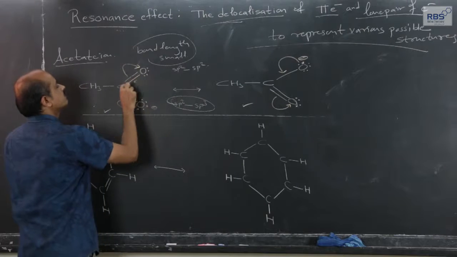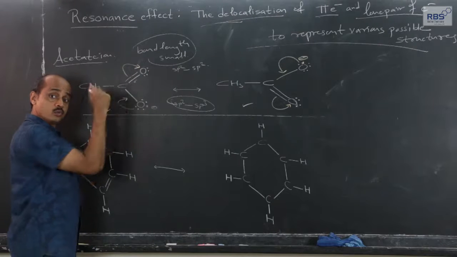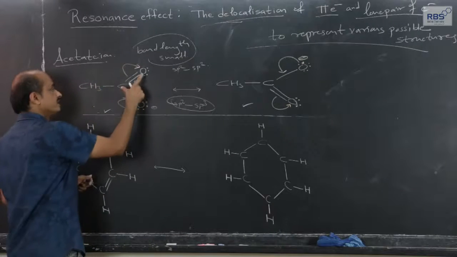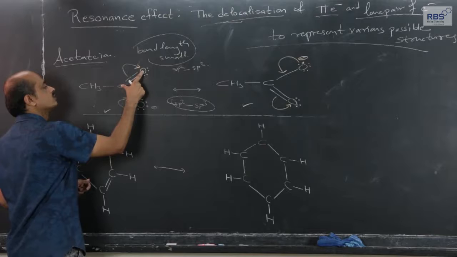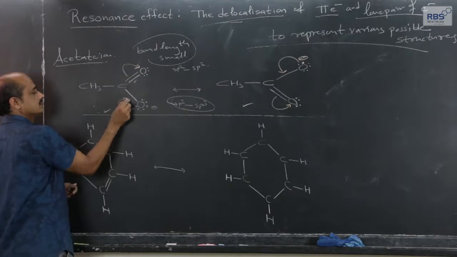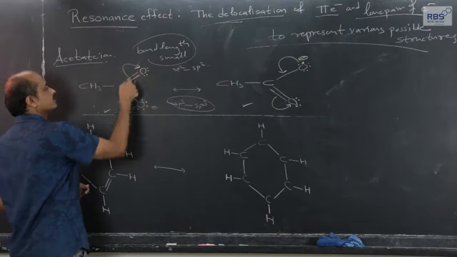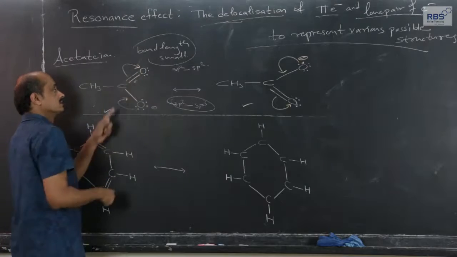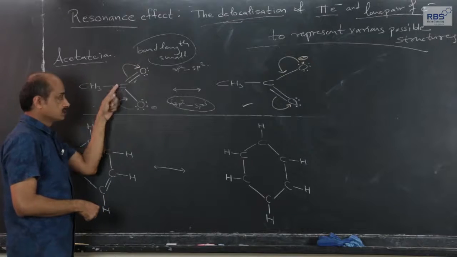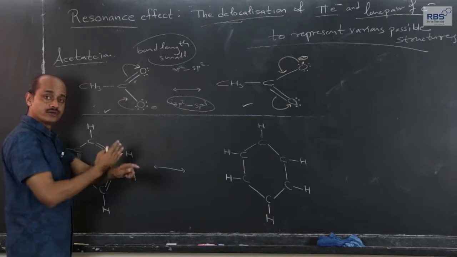This one is an sp2 sigma covalent bond, and in addition there is one pp parallel overlap, and therefore the overlapping should be more here and the bond length should be less here than in this case. Therefore this carbon oxygen bond strength should be more than this carbon oxygen bond strength, meaning the amount of energy required to break the bond.